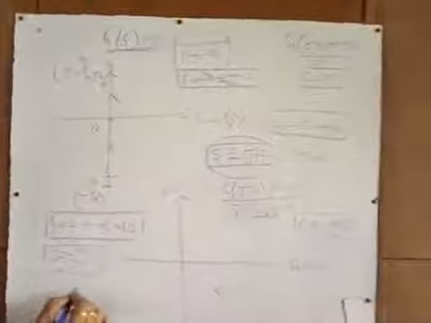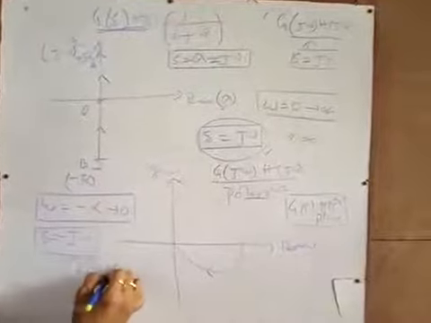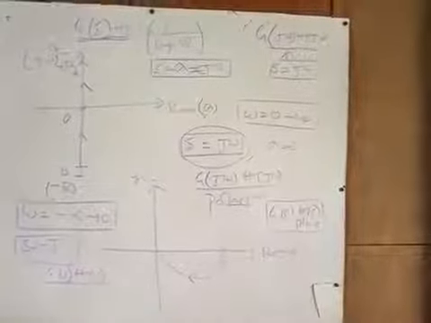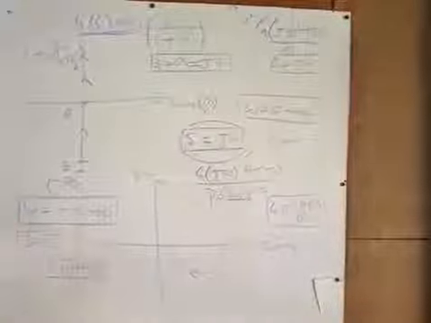in G(S)H(S), so you get the same polar plot but just the mirror image of the previous one, with respect to the real axis.